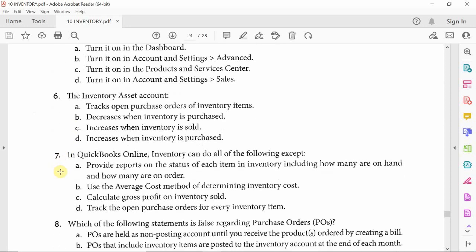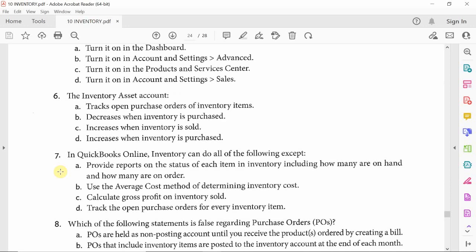Number 7, in QuickBooks Online, inventory can do all of the following except, A, provide reports on the status of each item in inventory, including how many are on hand and how many are on order?